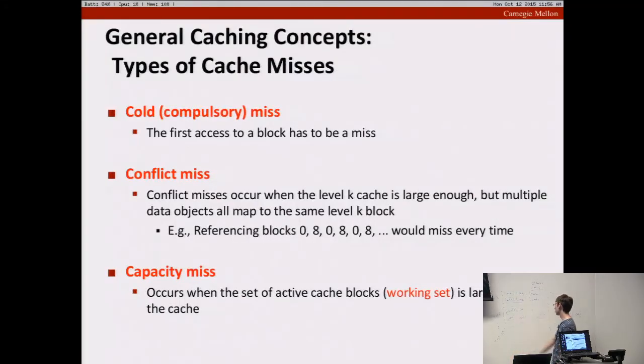So you start up a program and there's nothing in the cache. Anything you load at that point is going to miss, guaranteed, because your cache is empty. So the first access is always going to be a miss. The first time we access any piece of memory is going to be a miss, unless it's been loaded up in a block because it's nearby something that we already loaded. But the first one, at the very least, has to be a miss.